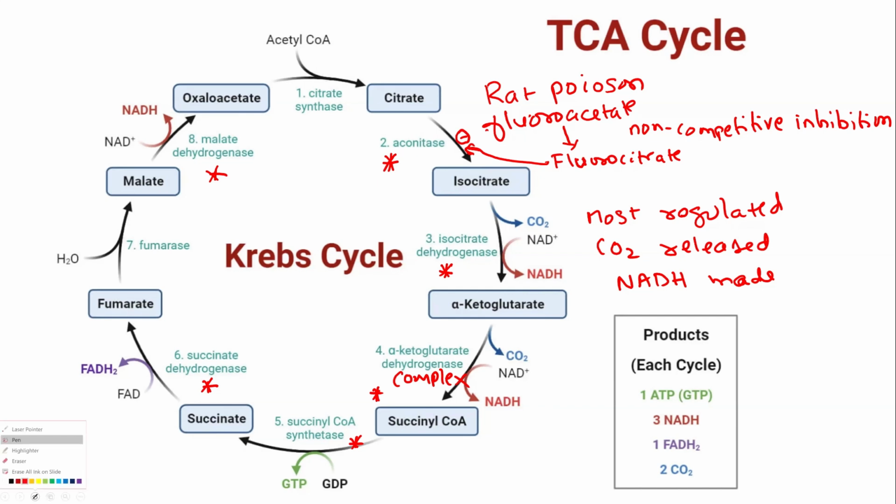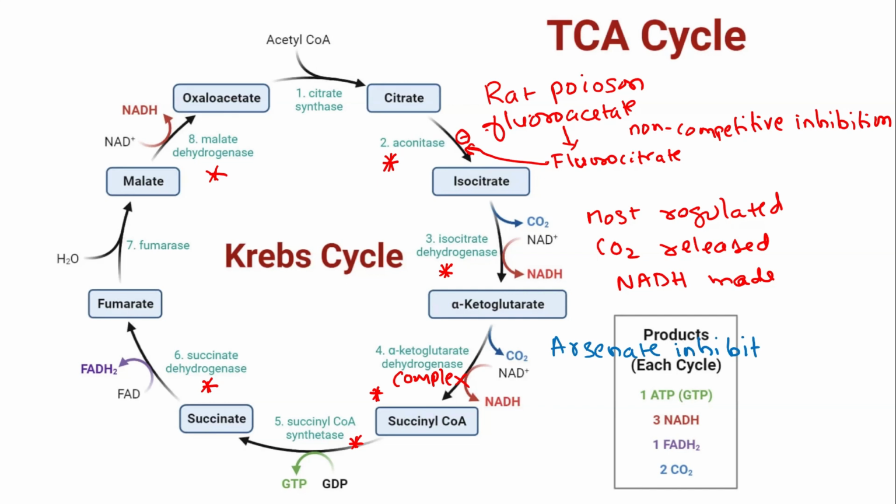Okay, coming to the third one. Third important enzyme is alpha ketoglutarate dehydrogenase complex, which converts alpha ketoglutarate into succinyl-CoA. So why this reaction is important? It is because this reaction is inhibited by arsenate. Even PDC also is inhibited by arsenate.